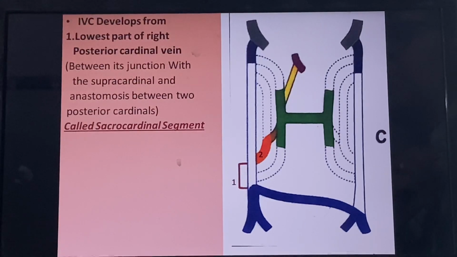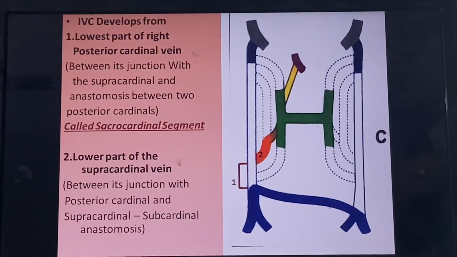Now what are those? Number one, the lowest part of the right posterior cardinal vein between its junction with the supracardinal and the anastomosis between the two posterior cardinals, called the sacrocardinal segment. So this is one segment. Then number two is the lower part of the supracardinal vein, you can see in the diagram. Number one is the sacrocardinal segment, lying between its junction with the supracardinal and the anastomosis between the two posterior cardinals.